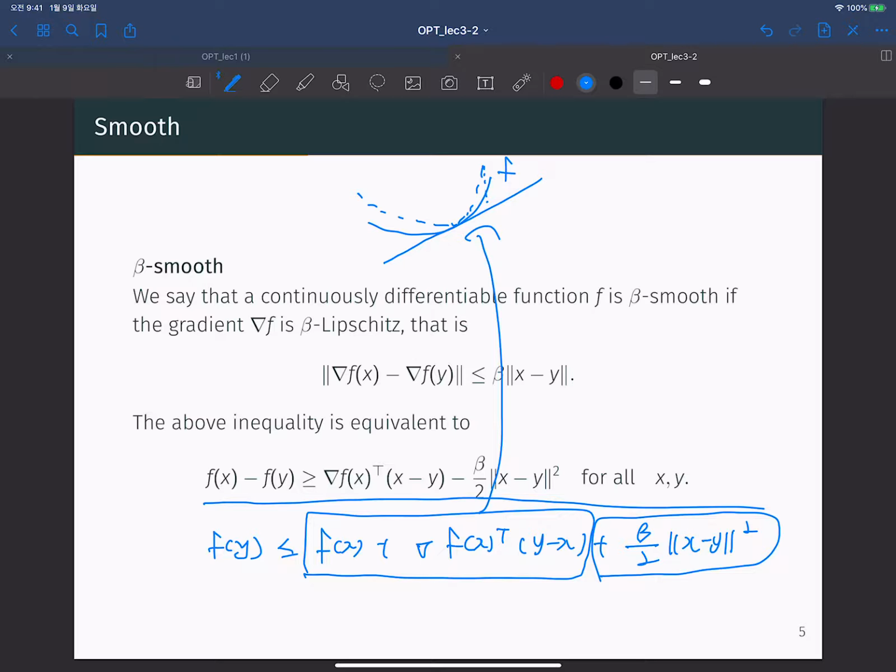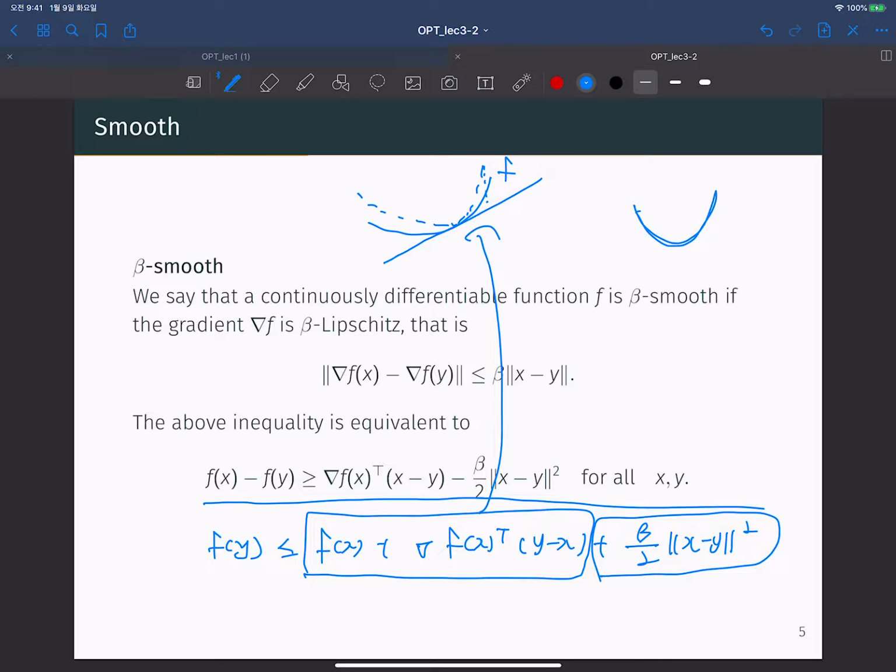So usually people say the alpha strong convexity and beta smoothness properties tell us the curvature of your function f. As alpha grows, we get more high curvature structure. As beta decreases, we get more flattened structure.